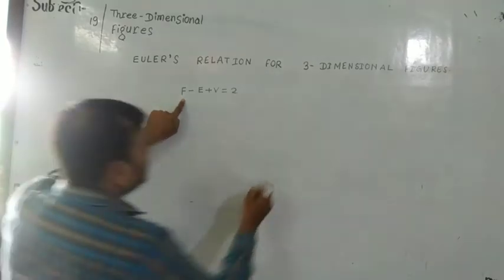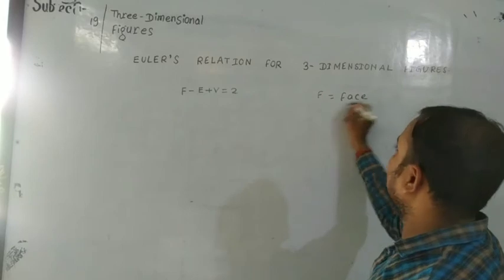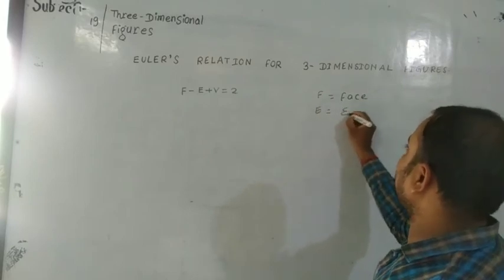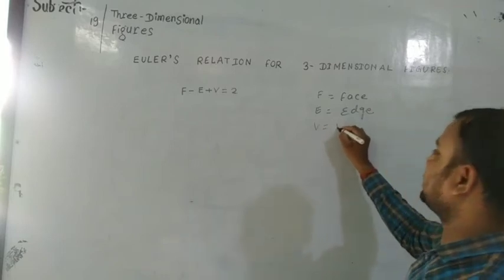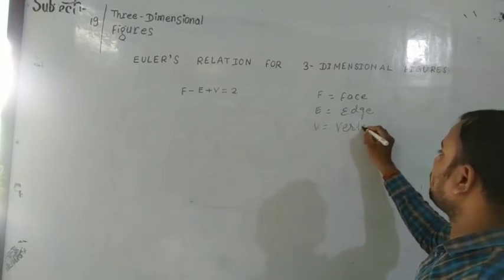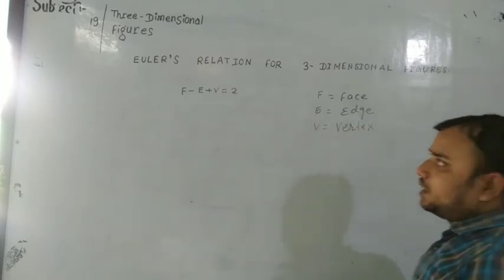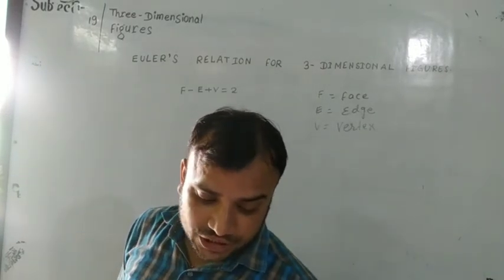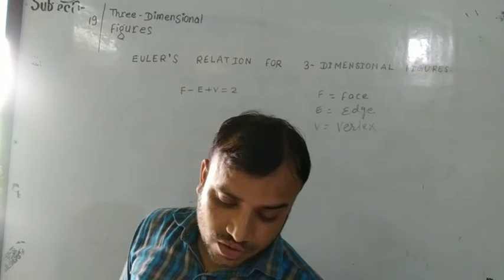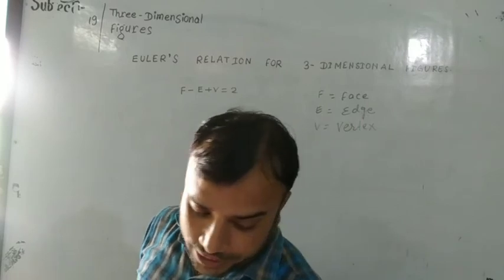F is denoted as faces, E is denoted as edges, and V is denoted as vertices. Now, dear student, take an example, verification of Euler relation for a cuboid.